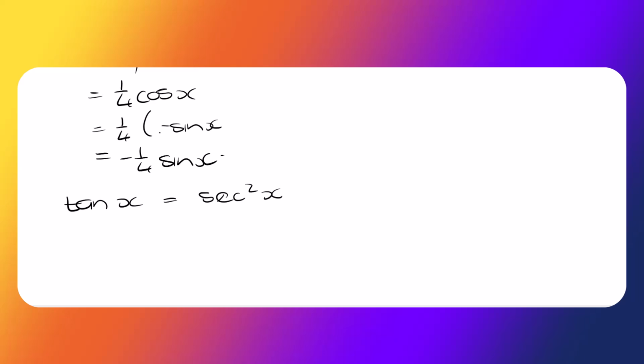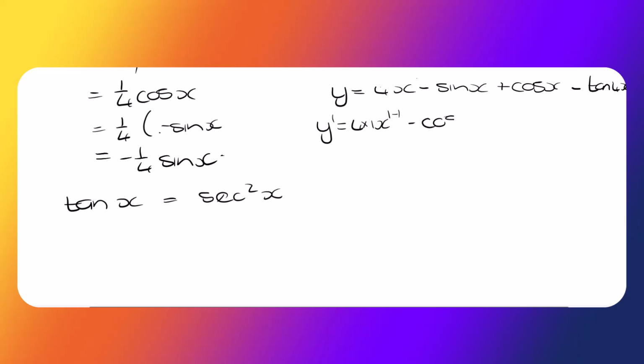If we have, for example, y is equal, let's say, 4x minus sin x plus cos x, and they say minus, let's say, tan 4x. I'm just taking an example. So first of all, you differentiate with respect to x. So I'm going to say y1 is equal to 4 multiply 1, x to the power 1 minus 1, minus. If you look in your formula sheet, if you differentiate sin, you get cos x.